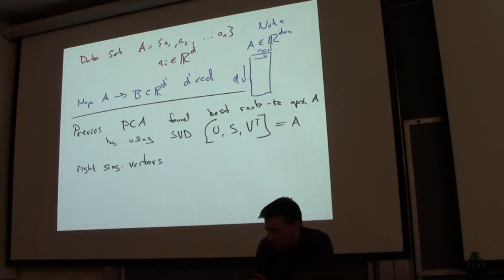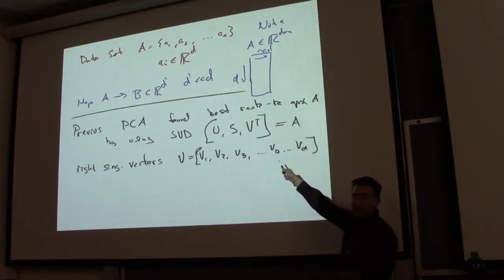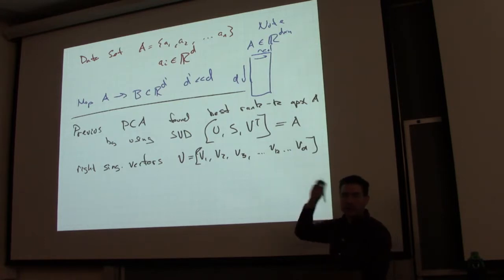vectors are V. This is a set V1, V2, V3, Vk up to Vd, and so these give me a new basis. These are all orthogonal to each other.